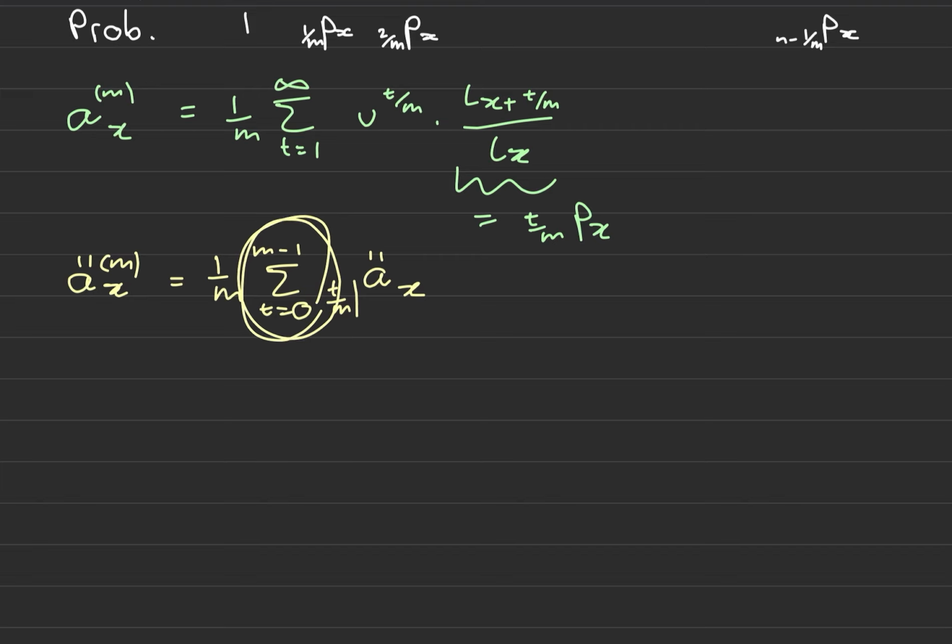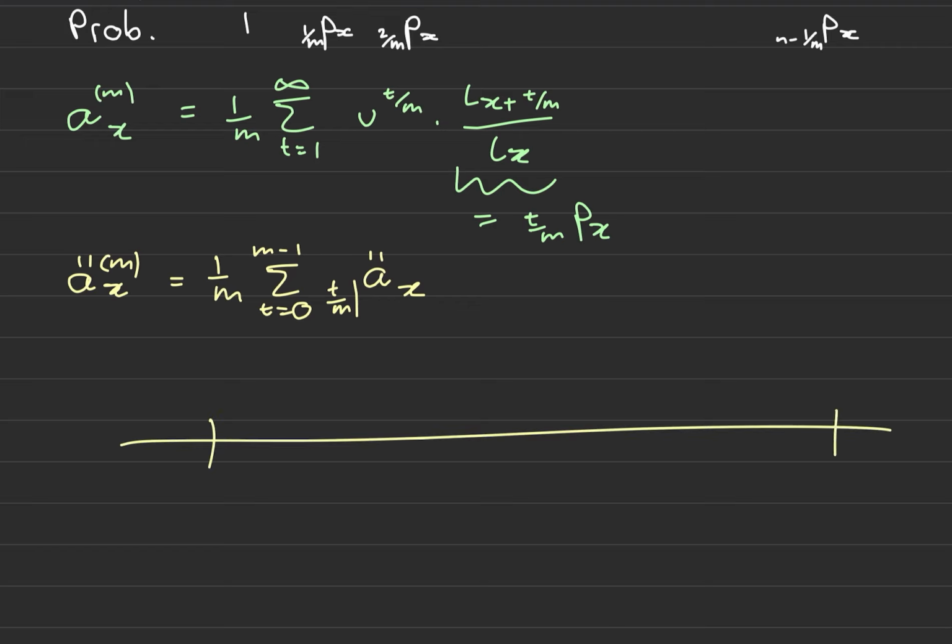Now, if I'm summing this up from time 0 to time m minus 1, then I'm essentially having m payments, or I'm looking at m different whole life annuities. One of them will be a whole life annuity that starts immediately when t equals 0, and then that will pay at each yearly interval following that. So it'll pay at time 0, time 1, time 2, time 3, and so on.